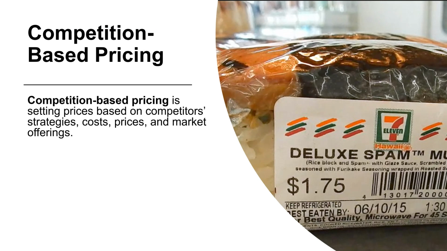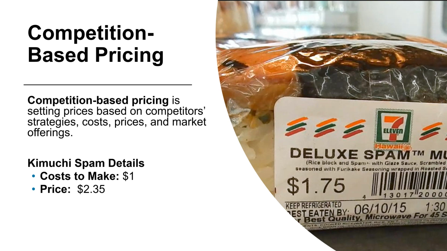Competitive based pricing is very interesting, which is we created the product and now we're going to go look at the competitors and then see what they're doing and then set our price there. So it's not about the customer and what they perceive about our product. We're just basing it off of what 7-Eleven is charging. And back in 2015, they charged $1.75. So again, what we could be doing is we know their costs are $1 and we set our price at $2.35.